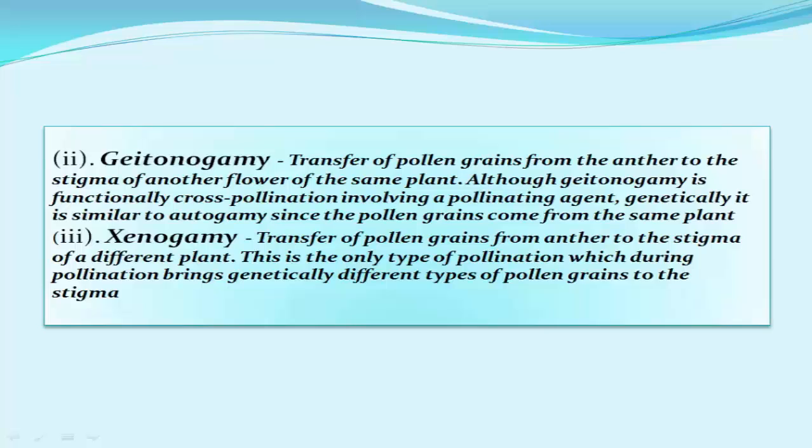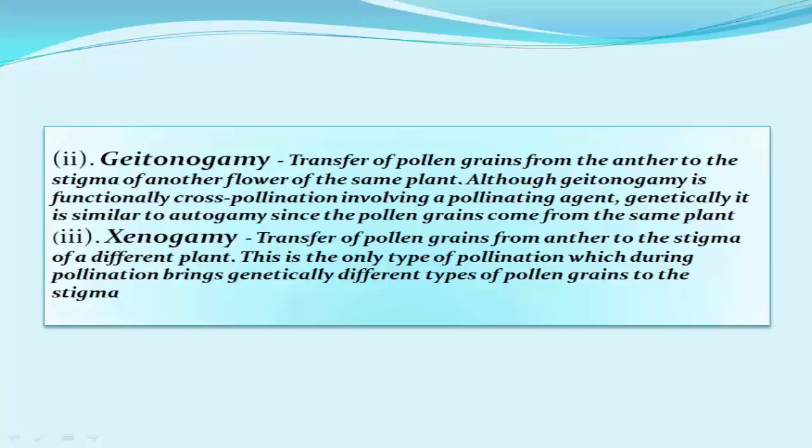This process is called xenogamy, and here it is 100% dependent on the pollinating agents, because pollen grains must be transferred from one flower to another flower. Somewhere it is developed on another plant, and it is also bringing the genetical modifications.